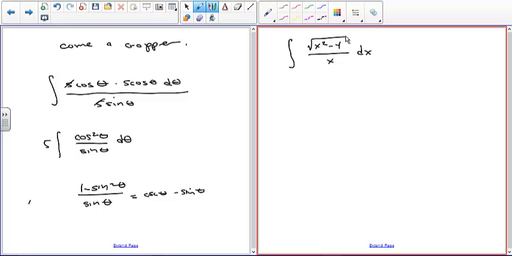The cosine is adjacent over hypotenuse, so secant is hypotenuse over adjacent. So you want to make the hypotenuse x and the adjacent 2. That'll make the third side the square root of x squared minus 4.